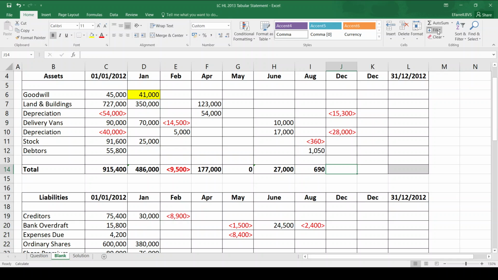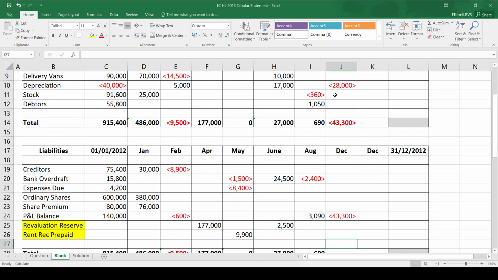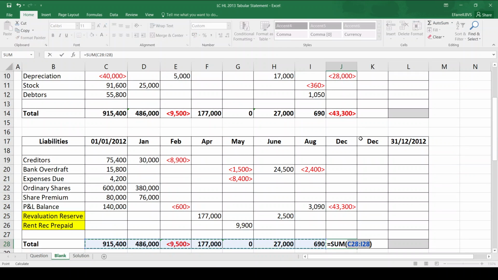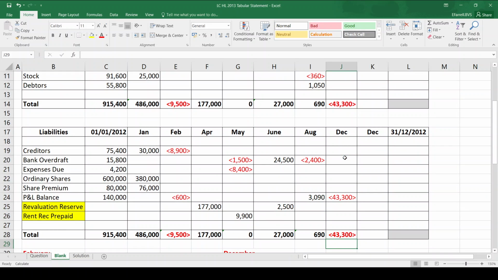So then my total depreciation for the year is minus 43,300. And that is going to go down below in the profit and loss balance as minus 43,300, as depreciation is an expense and expenses reduce our profit. So whatever totals above will always go down below in profit and loss balance for the same amount, minus 43,300.